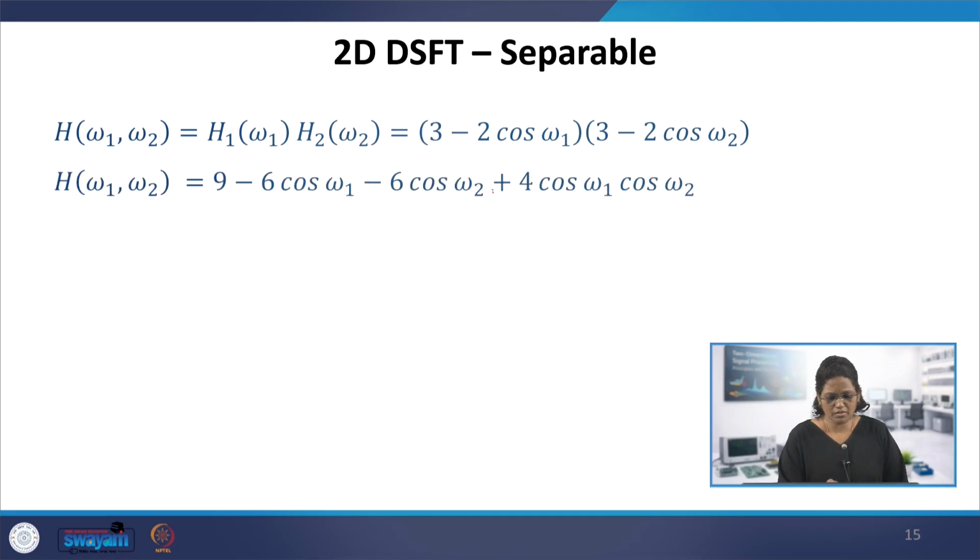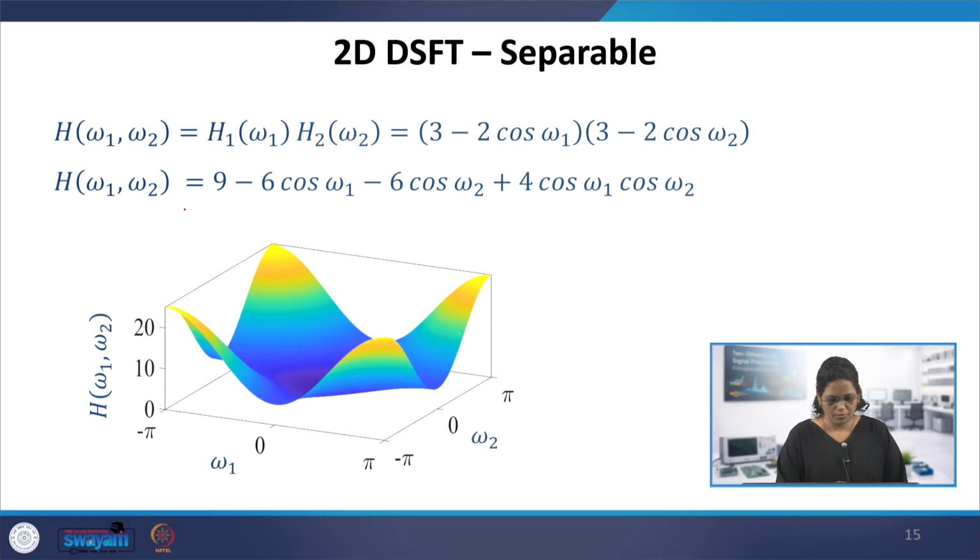This is the same as the expression which we got in the previous example. If we plot it with respect to omega 1 and omega 2, this is the plot. You can see it is not a very good filter. We will consider some filters having the region of support in the fashion we had taken; those filter signals can be separable also.